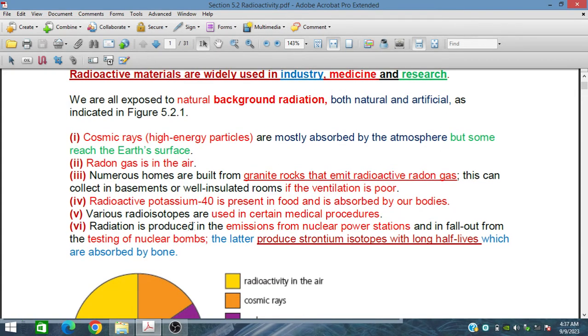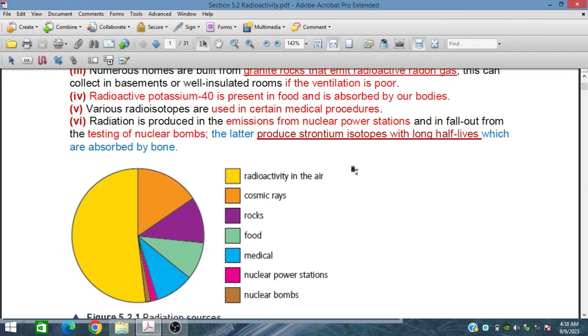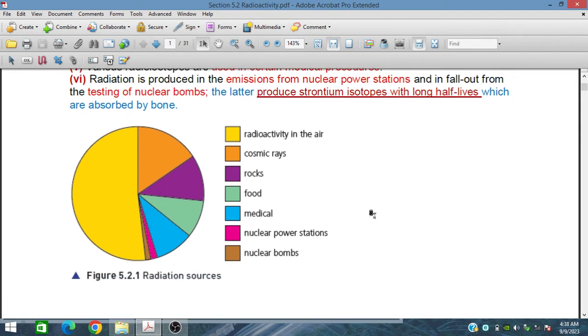So these are some natural and artificial background radiations. Radioactivity in the air is this much, cosmic rays this much. This is the pie chart that shows the radiation sources.